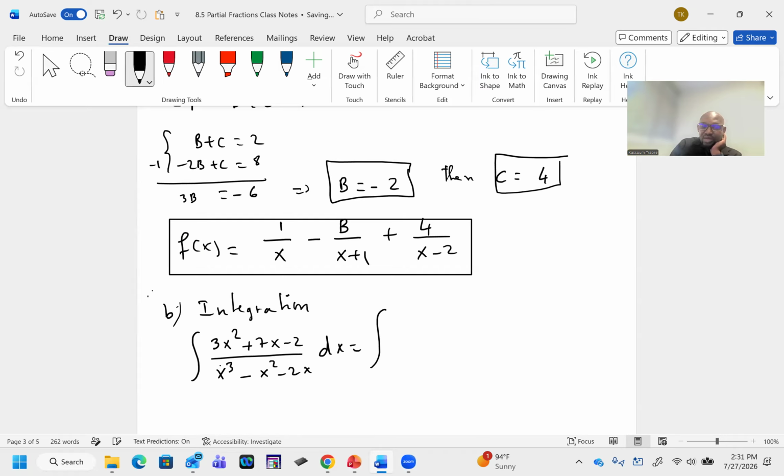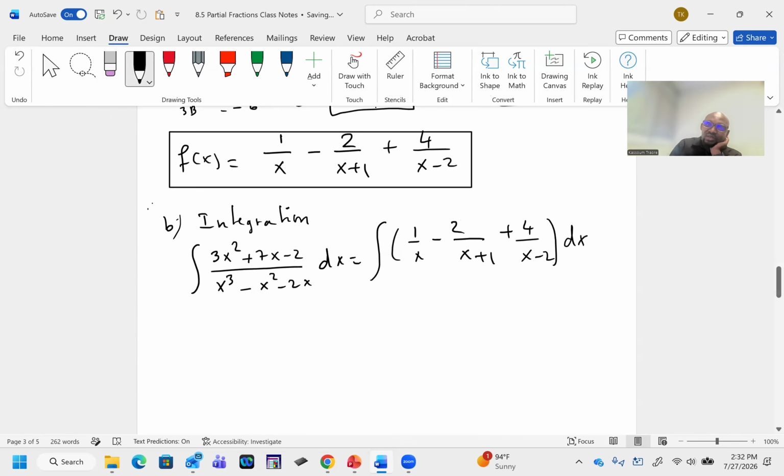We have to find the partial fraction, which would be finding the integral of 1 divided by x minus 2 divided by x plus 1 plus 4 divided by x minus 2 dx.